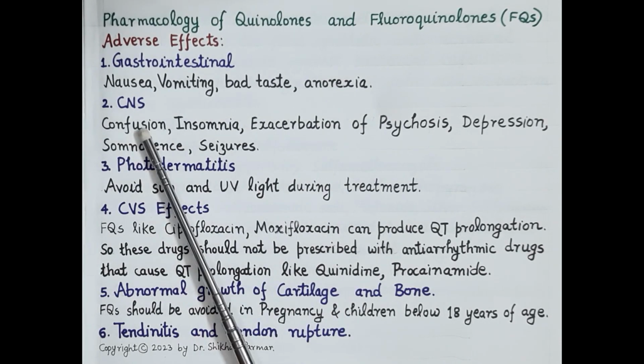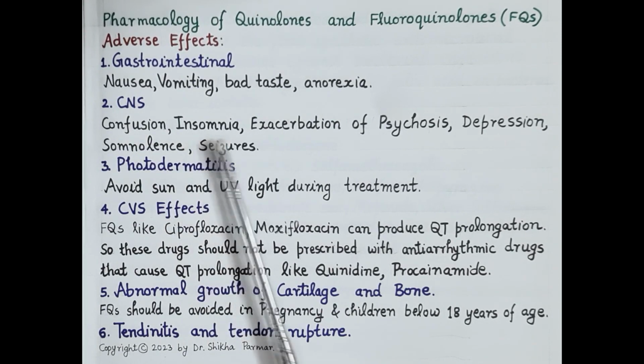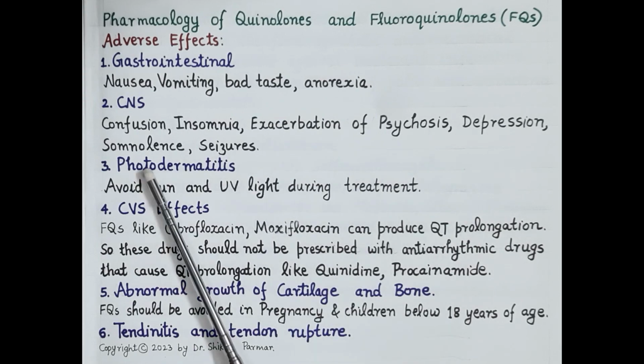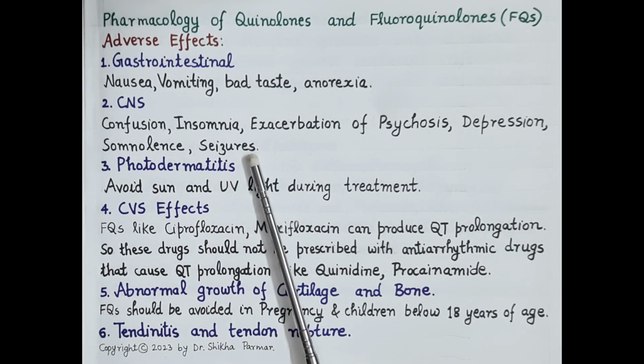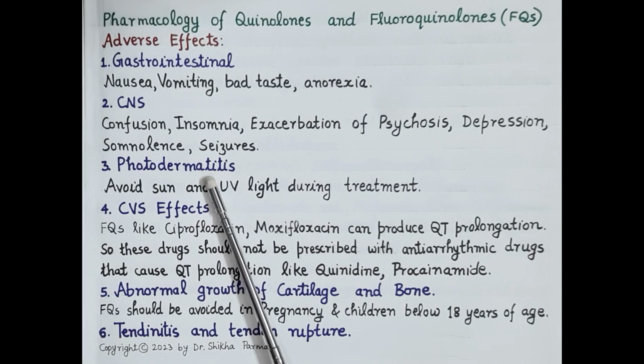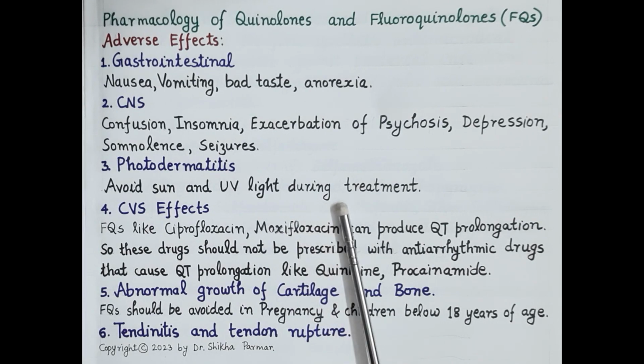Then central nervous system adverse effects like confusion, insomnia, exacerbation of psychosis, depression, somnolence, that is drowsiness, and seizures. Now, consumption of these antibiotics can cause photodermatitis. So, avoid exposure to sun and UV light during treatment with quinolones and fluoroquinolones.